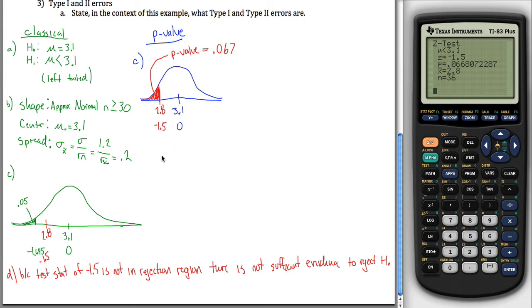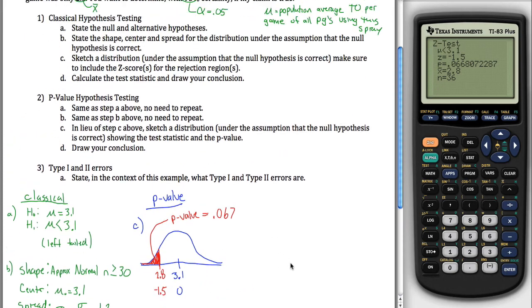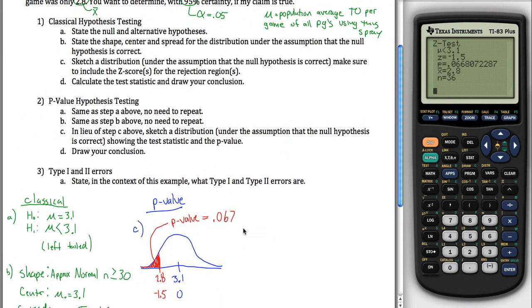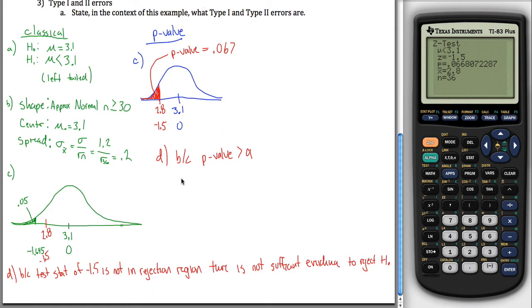So you draw your conclusion, and what your conclusion says is because p-value is greater than alpha, because 0.067 is greater than 0.05, I have alpha somewhere here.